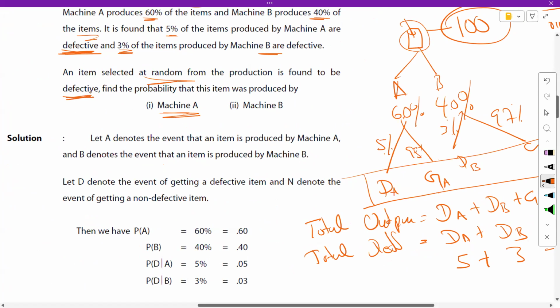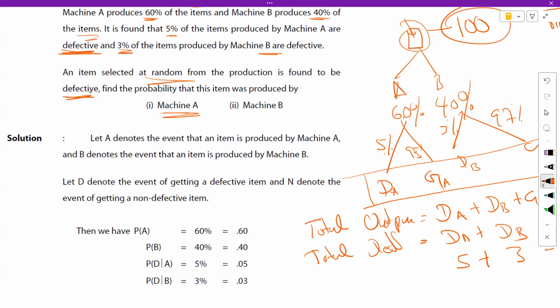Find the probability that the item was produced by machine A and by machine B. What's the probability of a defective item chosen being produced by machine A? Second, the probability of a defective item belonging to machine B.